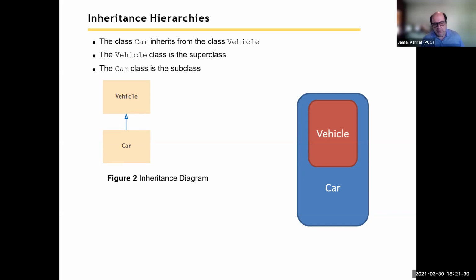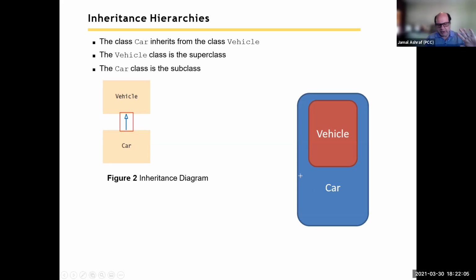When we are defining inheritance, this is the format we're going to be using. This means car is inheriting from vehicle. Vehicle is a superclass, car is a subclass. Again, sorry for repeating, the car has everything that the vehicle has, plus some additional things.